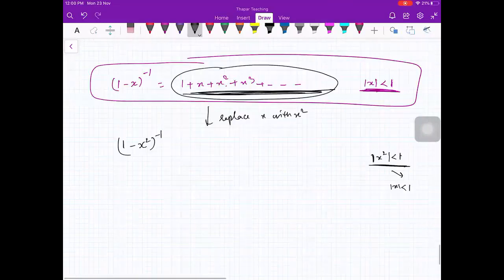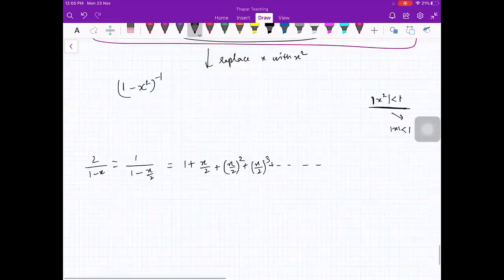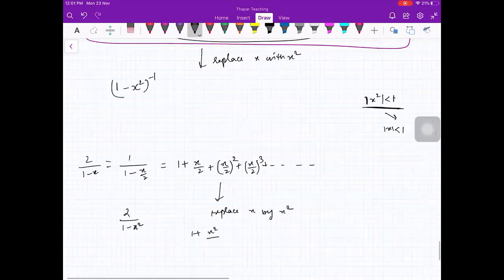Suppose you have something else. Suppose you have 1 plus x by 2 plus x by 2 whole square plus x by 2 whole cube, and so on. This is equal to a upon 1 minus r, so this is 2 upon 2 minus x. Now suppose you are asked to write down 2 upon 2 minus x square. So you can replace x by x square, and you'll get 1 plus x square by 2 plus x square by 2 whole square, and so on.